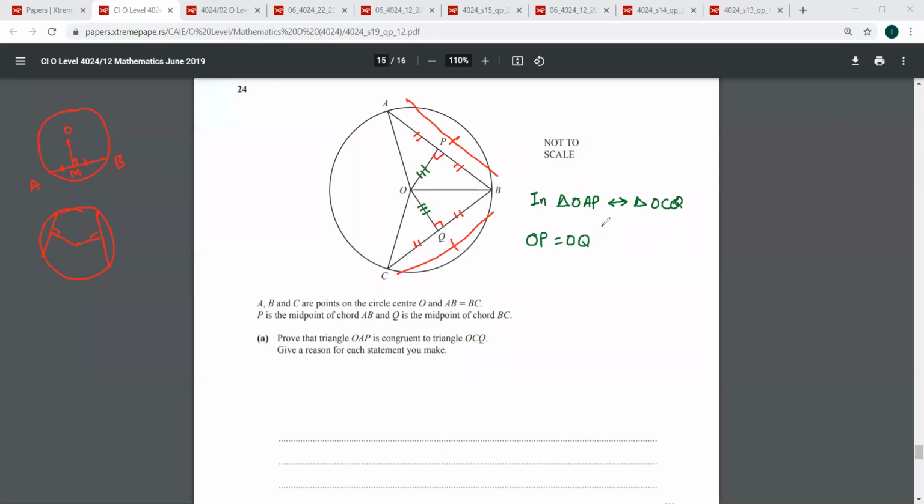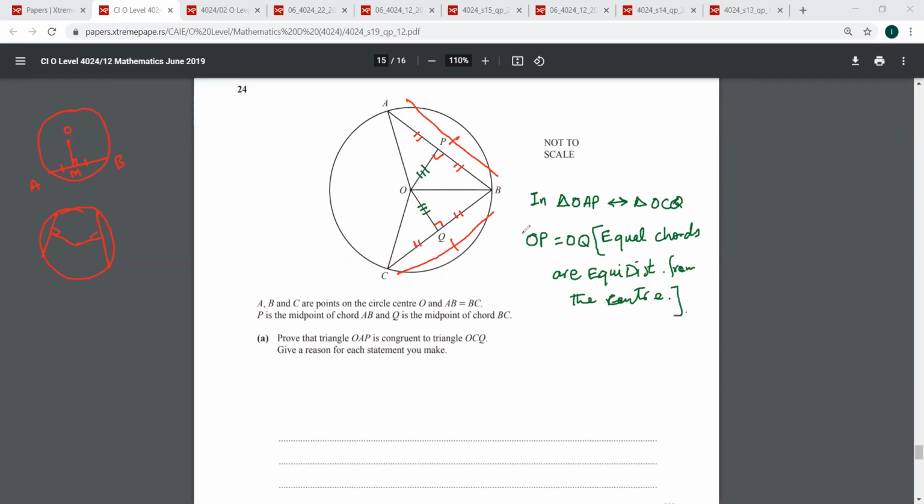The reason is that equal chords are equidistant from the center. You have to write this reason, but without the reason, you will not be getting the marks. Equal chords are equidistant from the center.